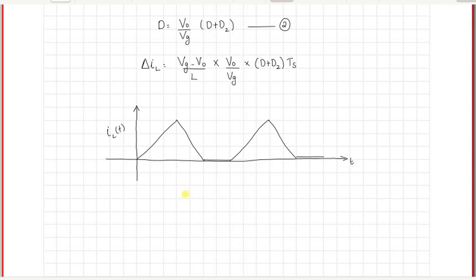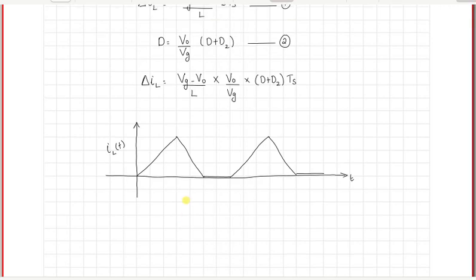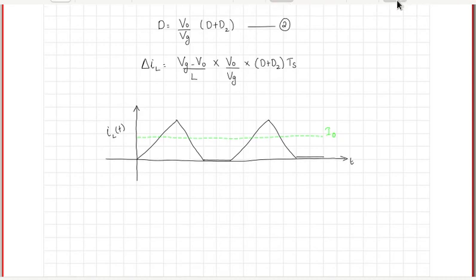But nevertheless, whether it is CCM or DCM, the average value of this inductor current should always be equal to I0. We have seen that. So if I look at the average value, this might be my average value of current, which is I0. And if I write an expression for I0, it is the average value of this waveform, which is simply the area under the triangle divided by the time period.